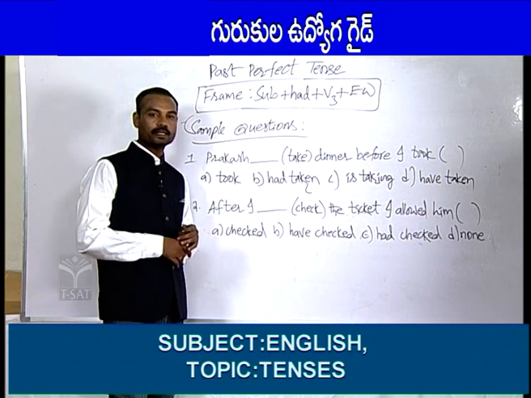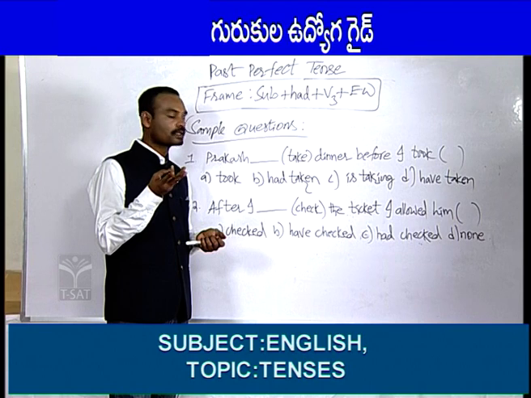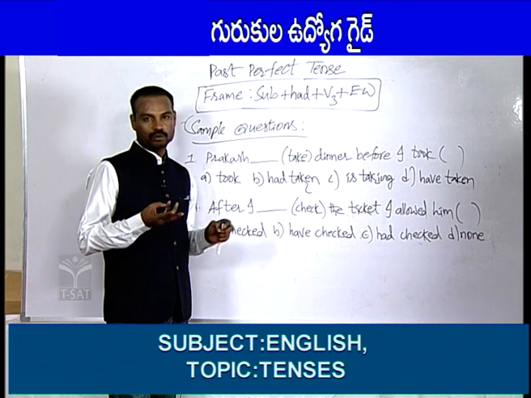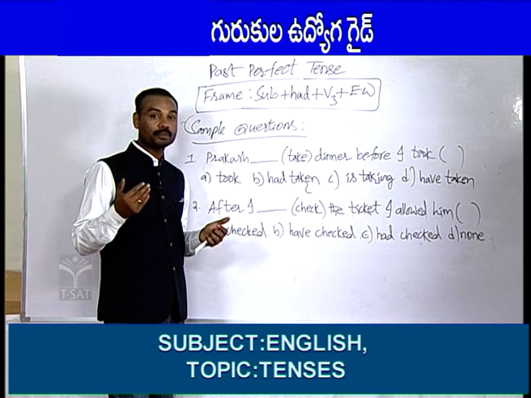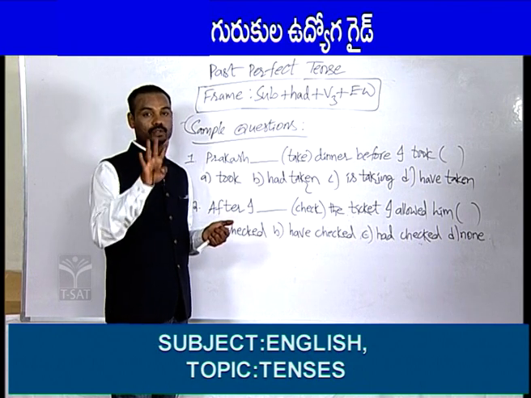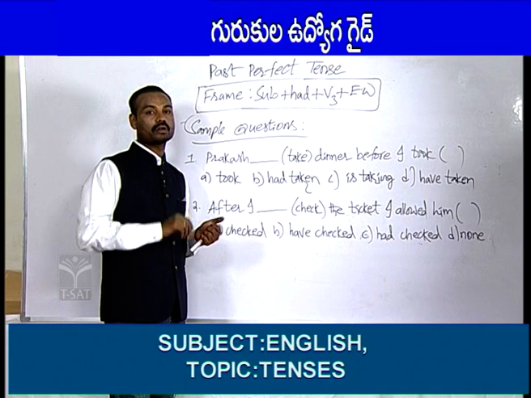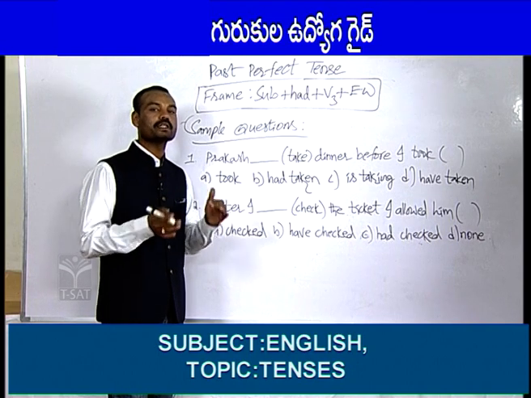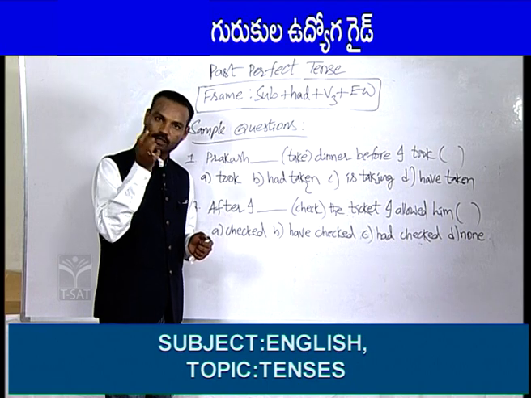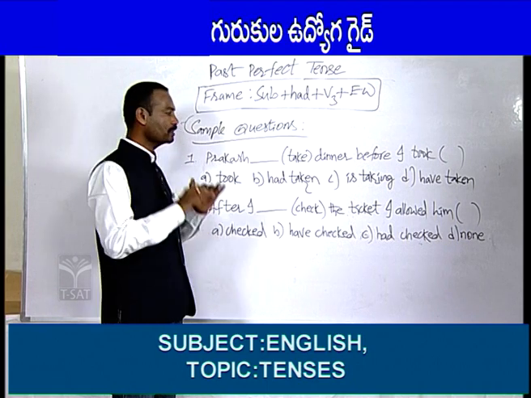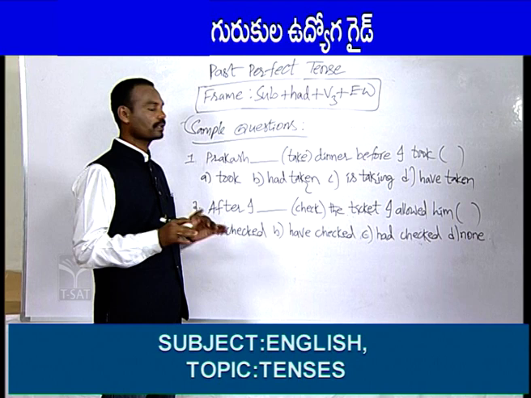We can use before, after, by, and sometimes when also. So there are 4 keywords in past perfect tense: before, after, when and by.